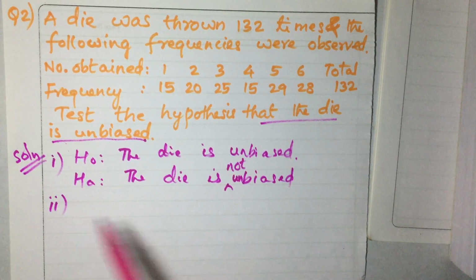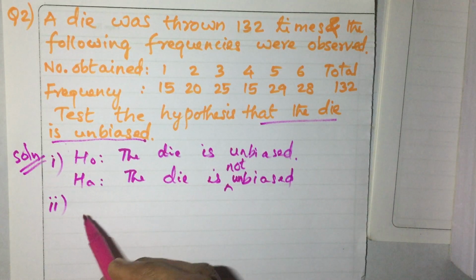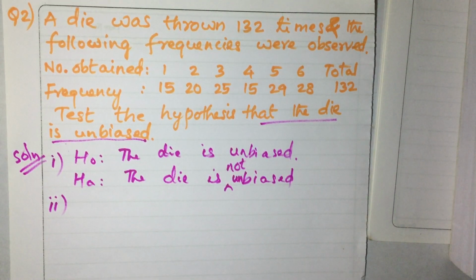Like in the previous question, we have already assumed that the die is unbiased. So what should be the expected frequencies?